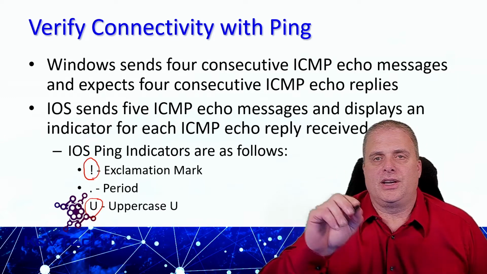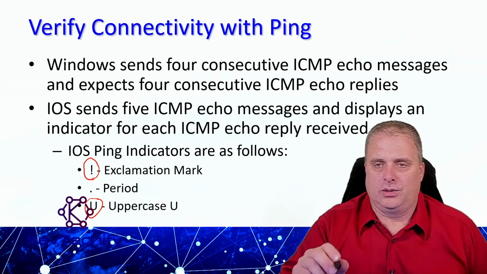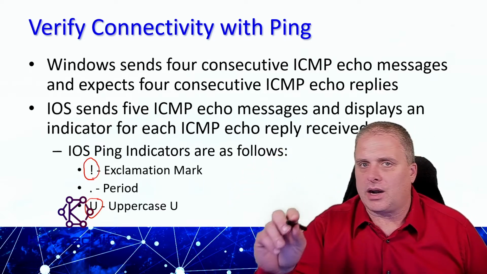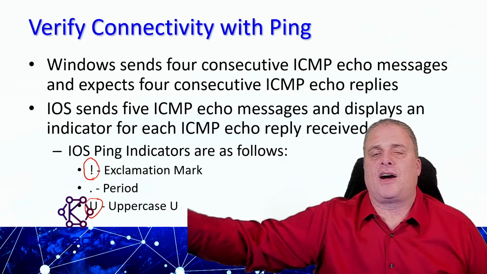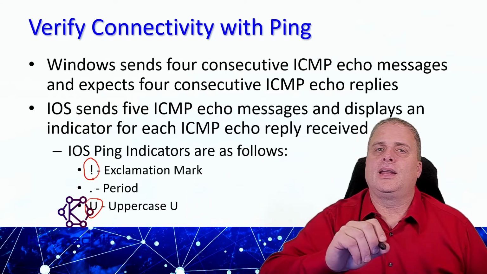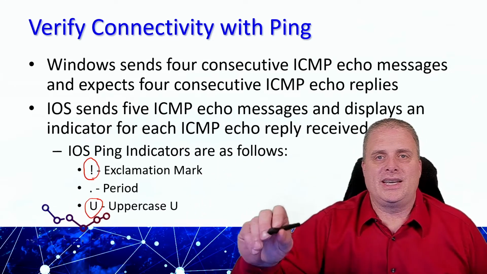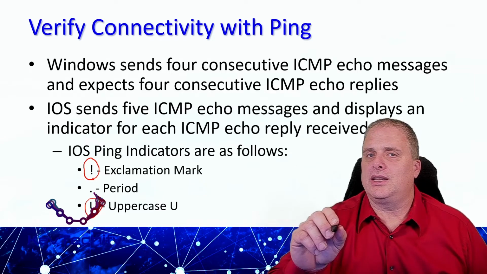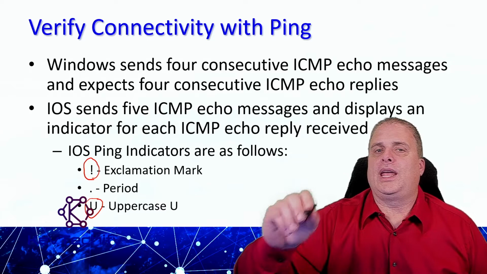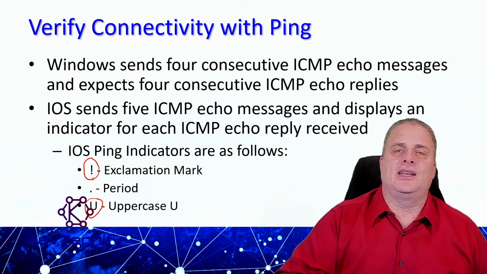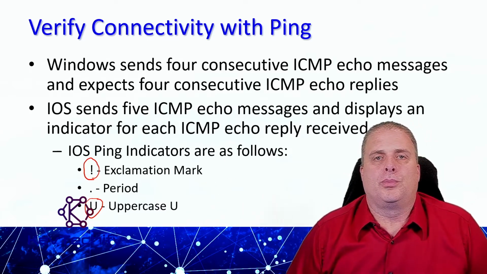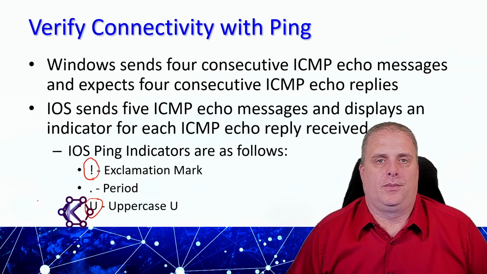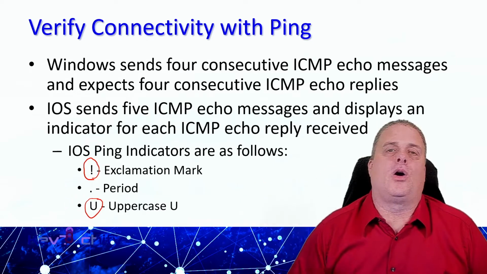Somewhere, a device on the path that you're pinging, so you ping from your PC to your router through the internet of your ISP to that far PC, somewhere along the line, they got that echo request in, and that device said, hey, this is as far as it's going to get, we can't reach our destination, so we're going to send an unreachable reply back. That's what the U is saying, it's unreachable. We got part way there, but we didn't get all the way there.